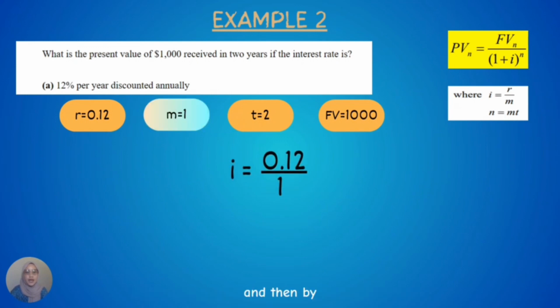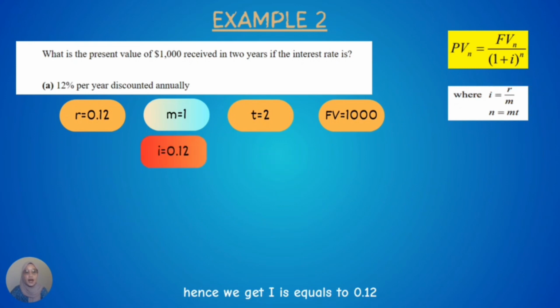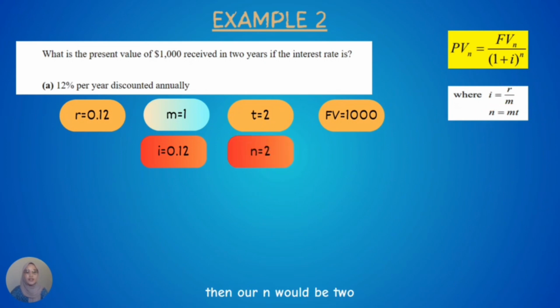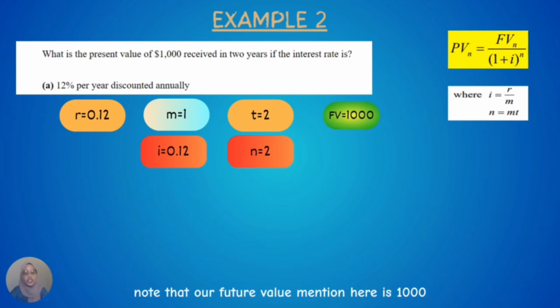Using the formula i equals r divided by m, we substitute: i equals 0.12 divided by 1, hence i equals 0.12. Same with n, n equals m times t, so 1 times 2, and n is 2. The future value is 1000.